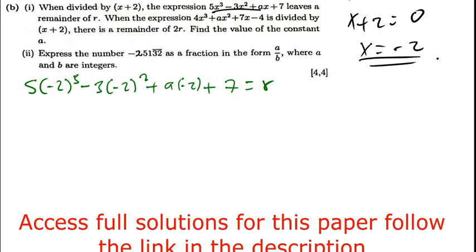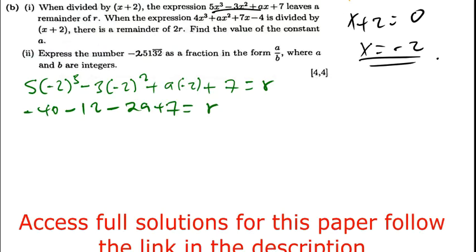Negative 2 raised to the power 3 should be negative 8. Negative 8 times 5 is negative 40, minus negative 2 squared, 4 times 3, that is going to give me minus 12. Then that will be minus 2a plus 7 being equal to r.